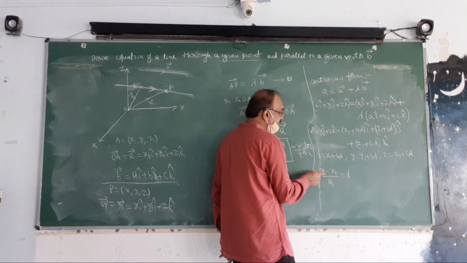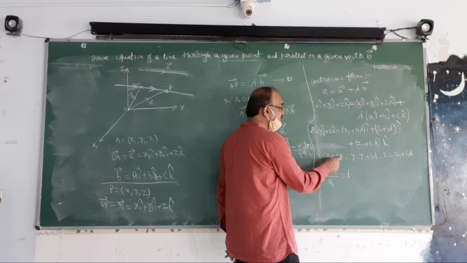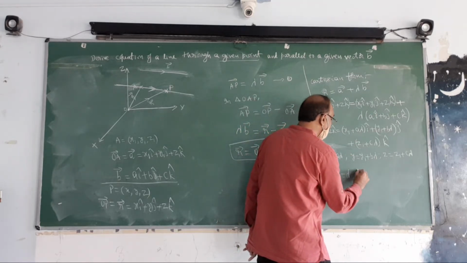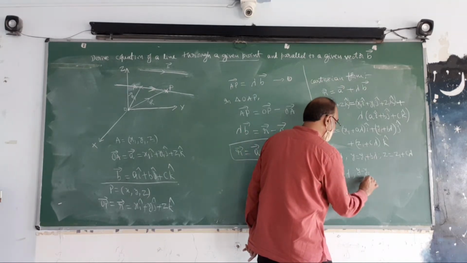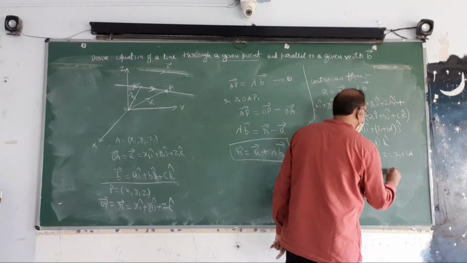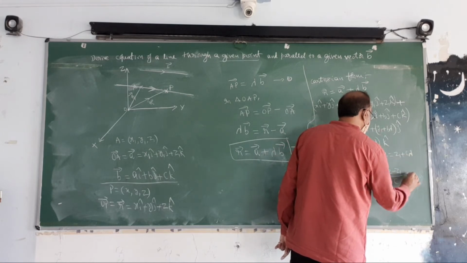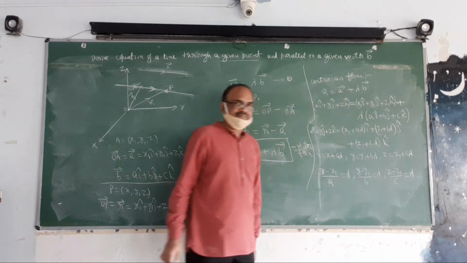Plus x1 comes here, x minus x1, because here it is doing addition. But a is multiplying, so if it comes to this side, it divides. Then here, y minus y1 divided by b is equal to lambda. Here, z minus z1 divided by c is equal to lambda. Right?